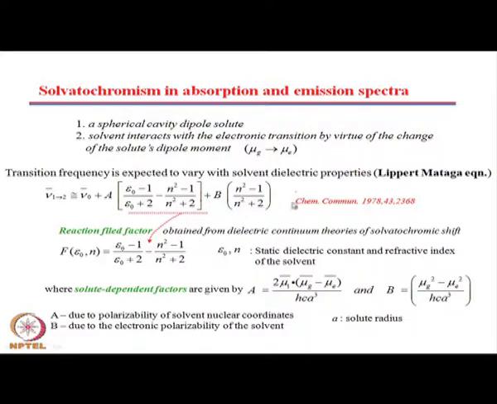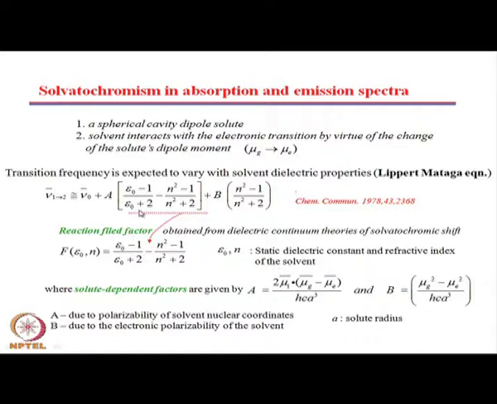By using this, you can plot nu 1 2 as a function of the dielectric constant of the medium.